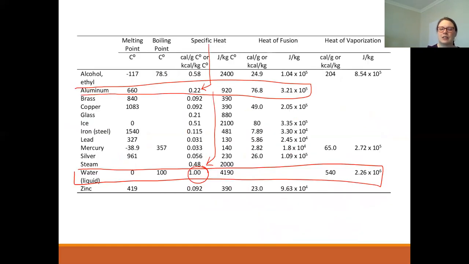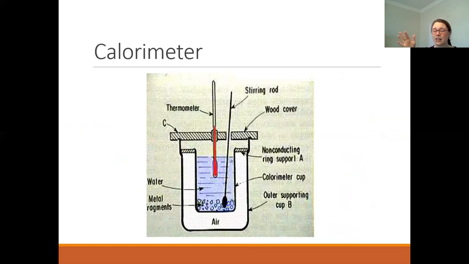All right. Now I'm going to just quickly tell you about this. This is something that I would have liked to have done if we were in a classroom setting, but we're not. A calorimeter is just a tool that's used to measure heat transfer. What you do is you fill it with water, and you measure the temperature of the water that you put in, and then you put hot metal in it, or we used to actually do chemistry reactions in them.